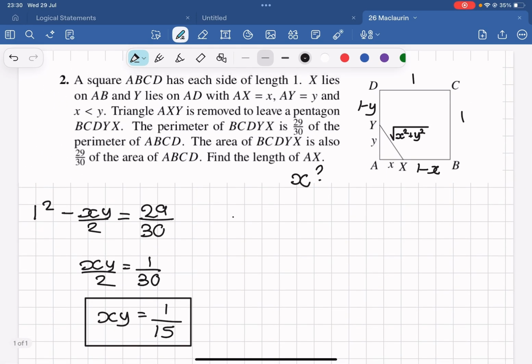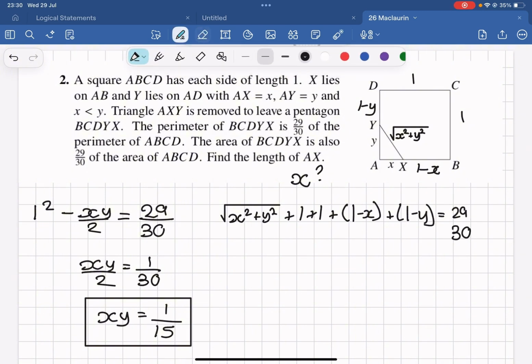So the perimeter of the pentagon, root x squared plus y squared plus 1 plus 1 plus 1 minus x plus 1 minus y equals 29 over 30 of the perimeter of the square, which is 4.